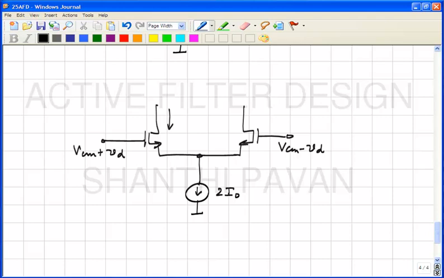So, if VCM changes, what do you think will happen to the currents through the transistors? Again, I am assuming that the drains are connected to a high potential, so that both the transistors are in saturation. Nothing will happen. Why?